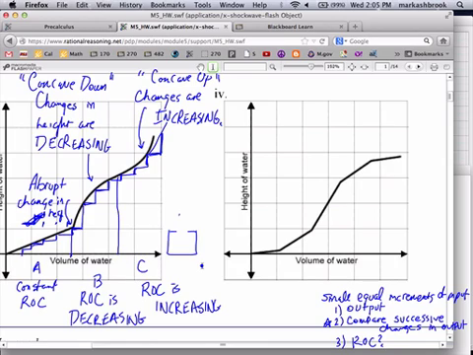And then our rate of change decreases. If the rate of change is decreasing for equal volumes of water, what will the bottle look like? The height is going up, but at a slower and slower rate. So it's going to get wider, all the way up to here.